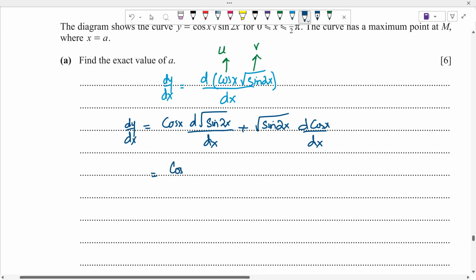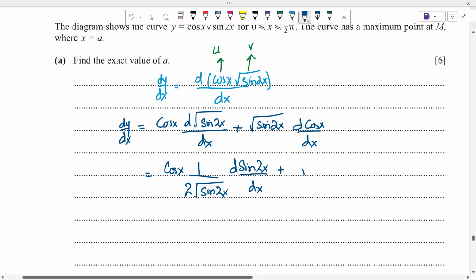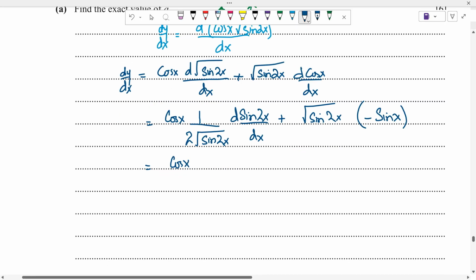So cos of x will remain the same and the derivative of the square root of sine of 2x is 1 over 2 times the square root of sine of 2x, times the derivative of sine of 2x, plus the square root of sine of 2x remains the same and the derivative of cos is negative sine of x.